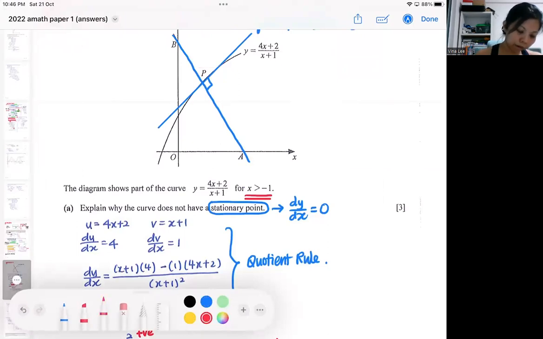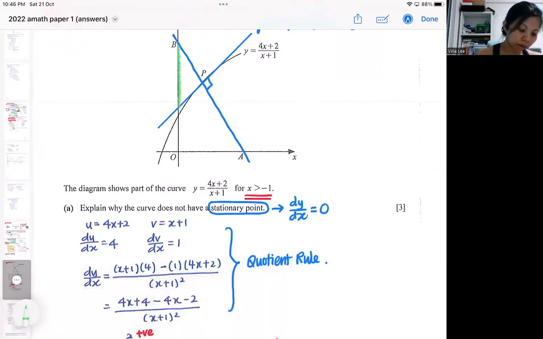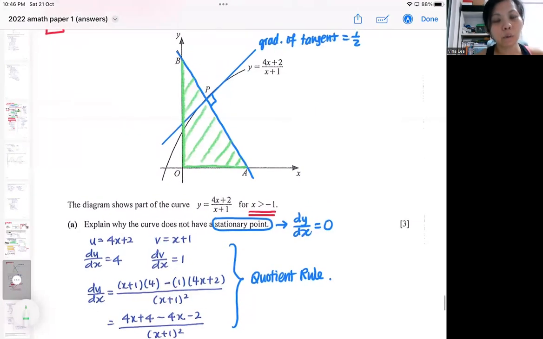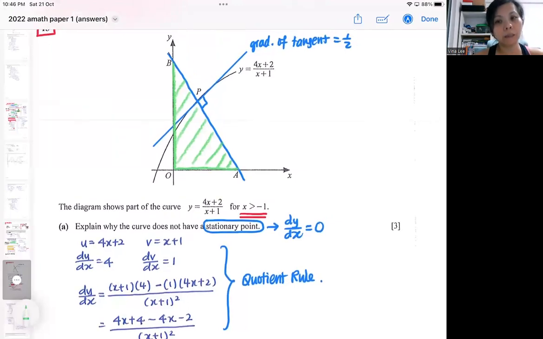In order to find the area of this triangle, you just need to get the coordinates of A and B. To get the coordinates of A and B, you need the equation of normal. However, at this point, you don't even have the coordinates of P, so it's critical that you have the coordinates of P first.